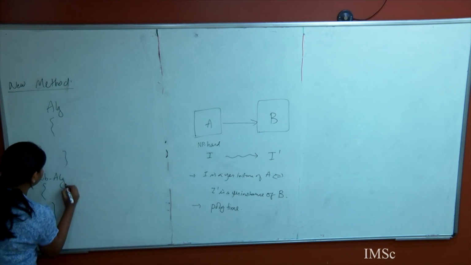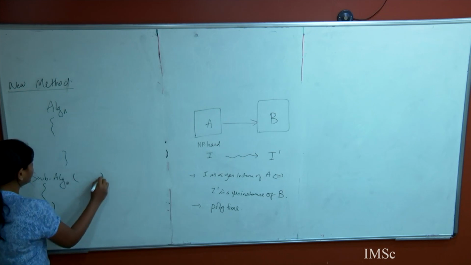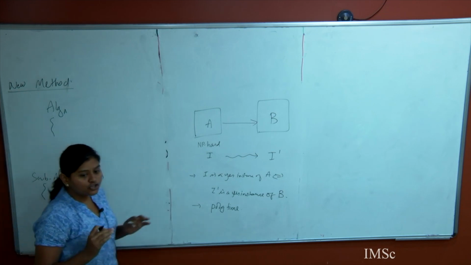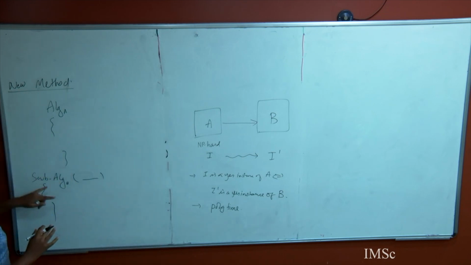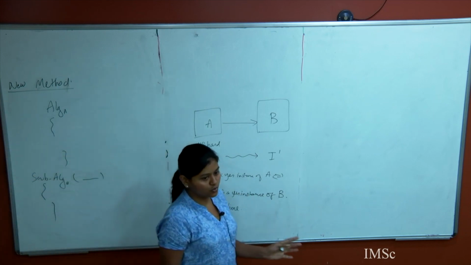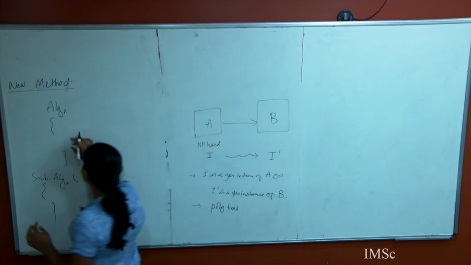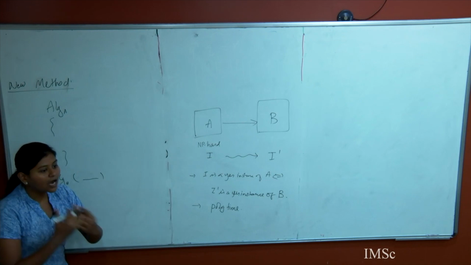This is the subroutine for B, and this is the algorithm for A, which takes some input. This algorithm can call the sub-alg many times. It's not necessary that it calls just once.